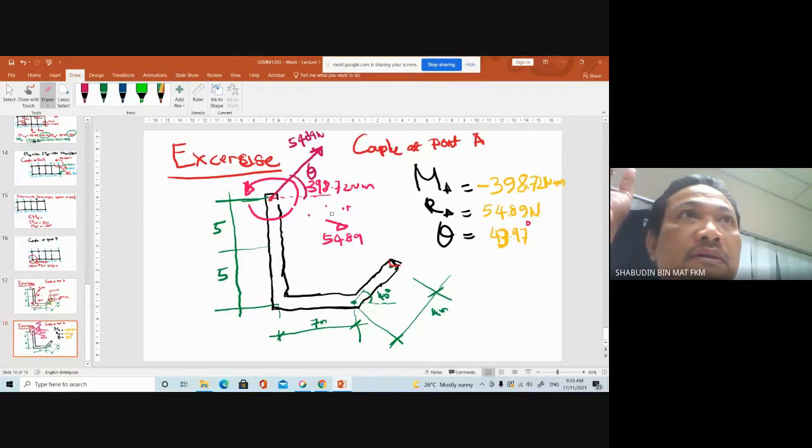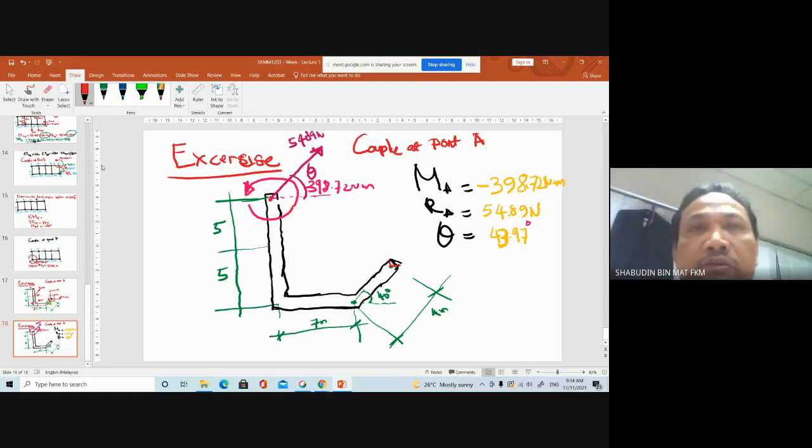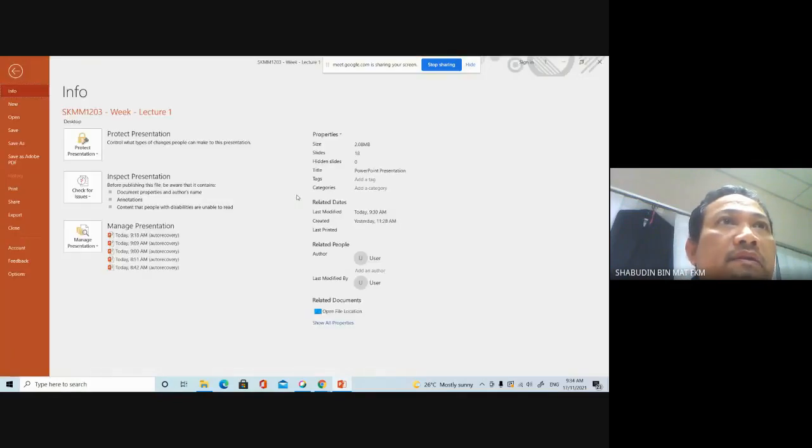You are the good ones, very clever to calculate all this. You have to redraw the structure again. That's the end of our meeting today.